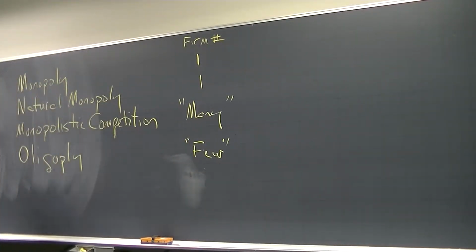You kind of get a sense that if there's a number of firms and each one of them has roughly the same percentage, and they seem to be competing in price and they're differentiated, well then you're talking about monopolistic competition.